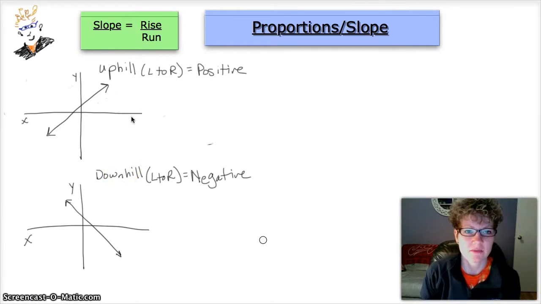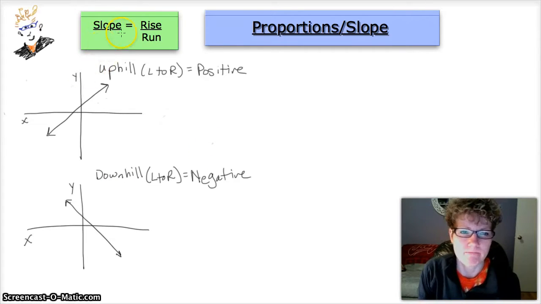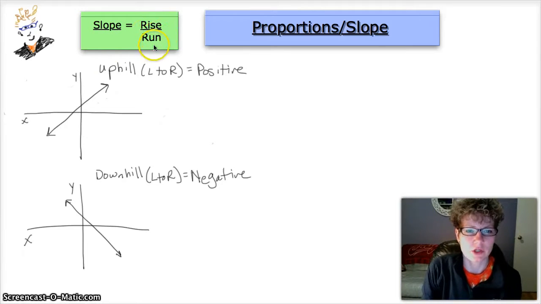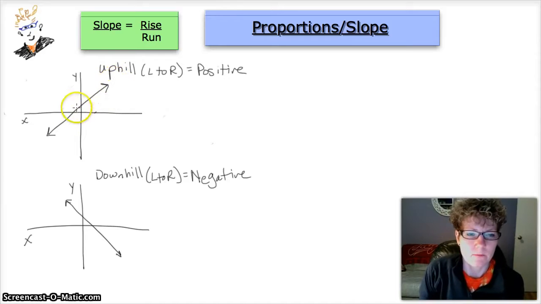The next concept in this lesson is slope. So let's talk about slope a little bit. Here's our definition. We have slope equals rise over run, or that's really how we find slope, we do the rise of the line over the run of the line. So if we have a line that goes uphill from left to right, it's going up left to right, that's going to be positive.